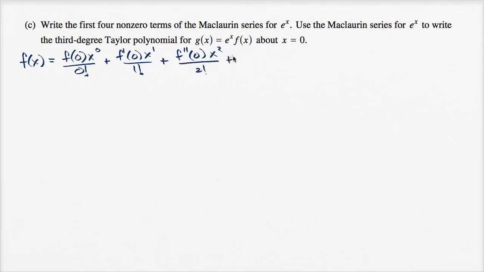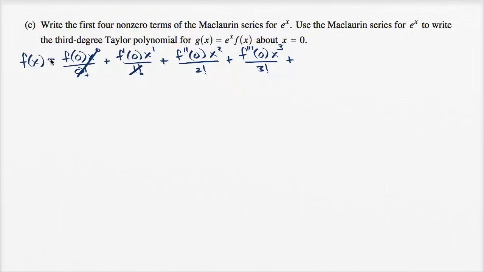I think you see the pattern here, plus the third derivative evaluated at 0 times x to the third power over 3 factorial. I think you see where this is going. And of course, this first one, x to the 0 over 0 factorial, that's just 1. So oftentimes it'll just be written f of 0. And this term, 1 factorial, is just 1. So oftentimes we'll just see it written as f prime of 0 times x, so on and so forth.